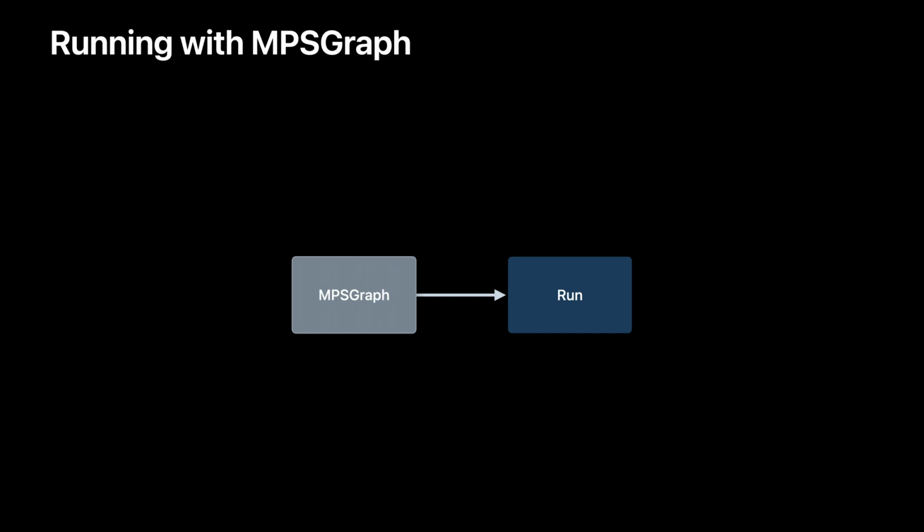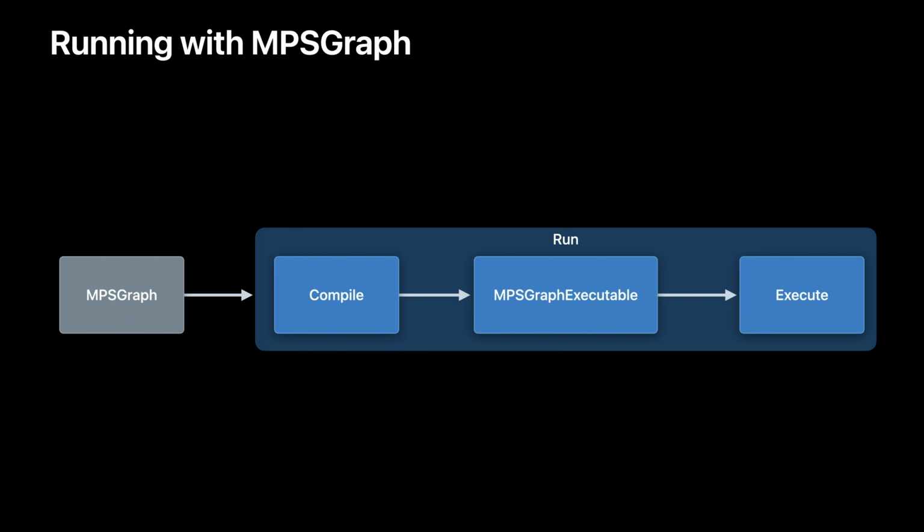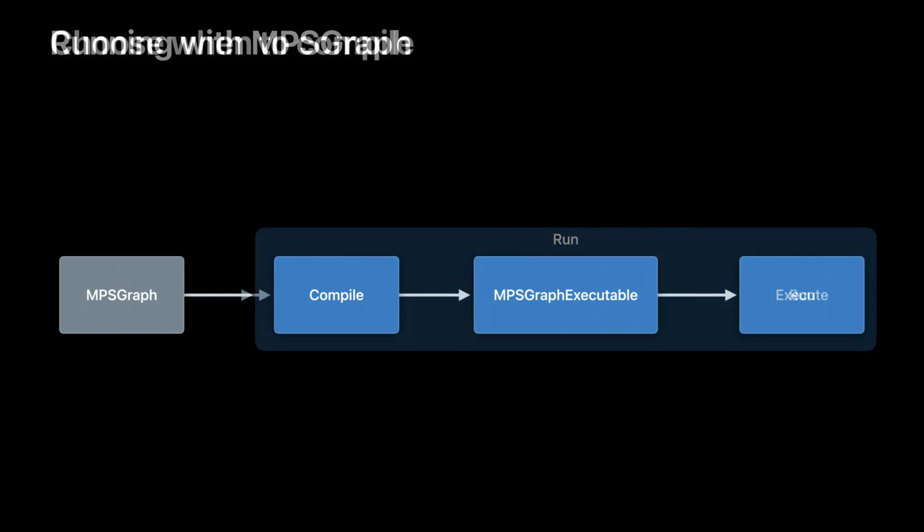Last year, we provided a really convenient API to define and execute an MPS graph. Under the hood, the first time an evaluation was requested, MPSGraph invoked compilation for the input types and internally created an executable. For any subsequent executions, MPSGraph seamlessly cached this executable to ensure compilation cost is not paid again.